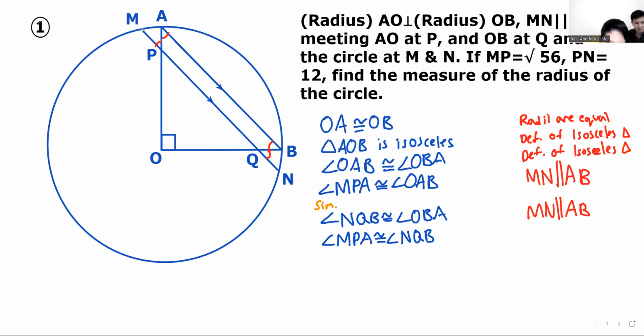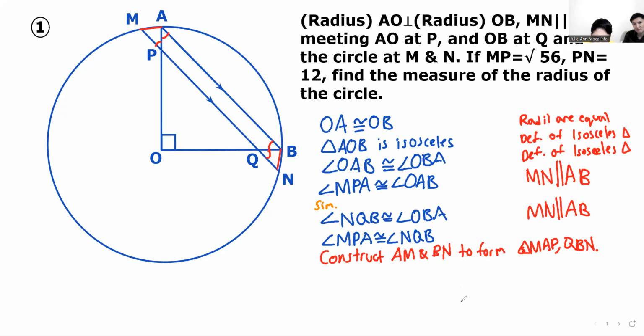Construct AM and BN to form triangles MAP and QBN.